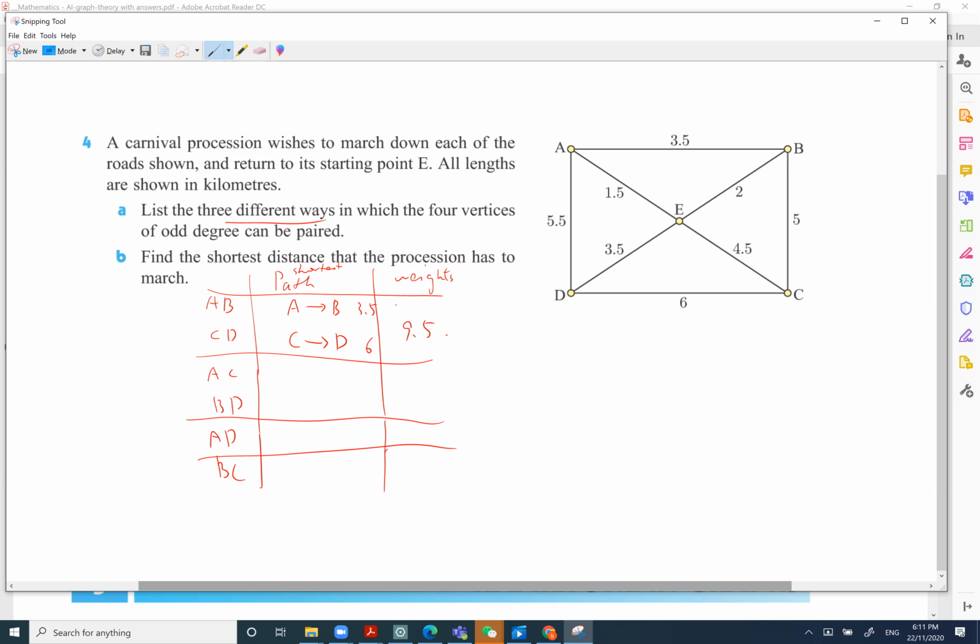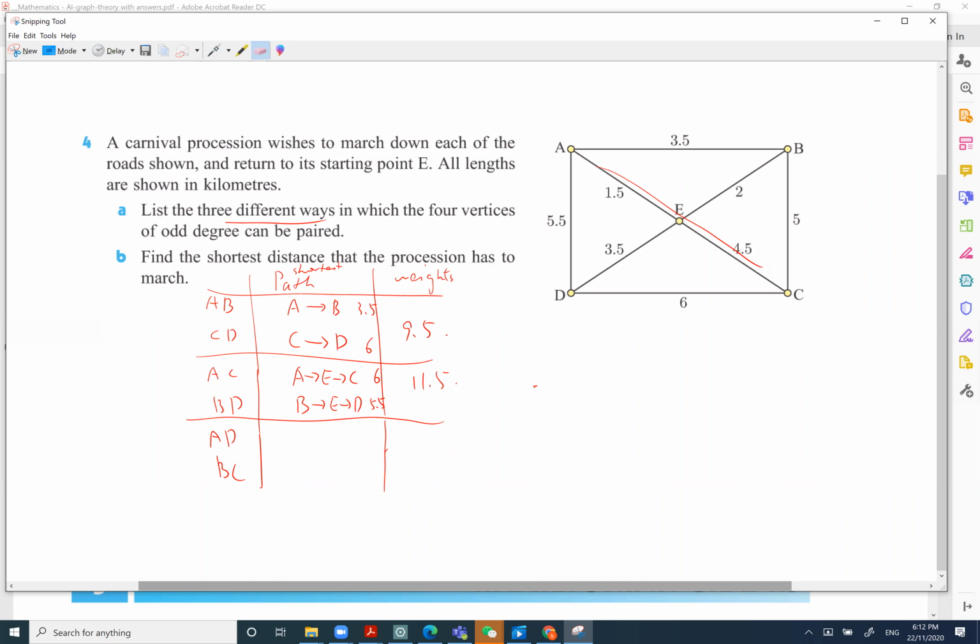AC, AEC is 6. BD, BED is 5.5. Total 11.5.